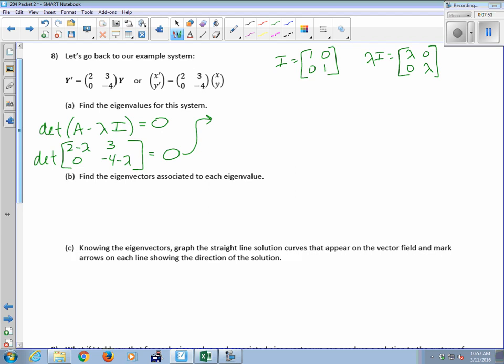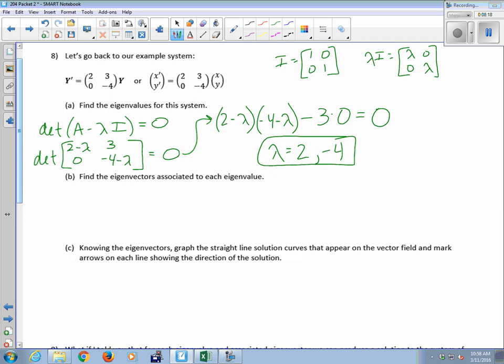So this becomes 2 minus lambda times negative 4 minus lambda, that's your AD minus BC, which is 0. I'm just writing it out so that you don't forget that that's part of the formula. Then you solve this for lambda, and you get lambda equals 2 and negative 4. So I've got 2 eigenvalues.